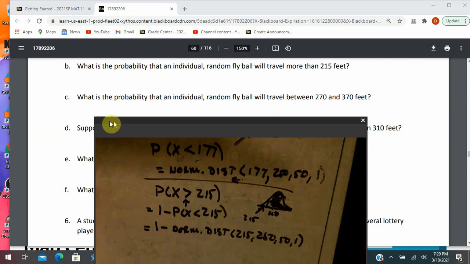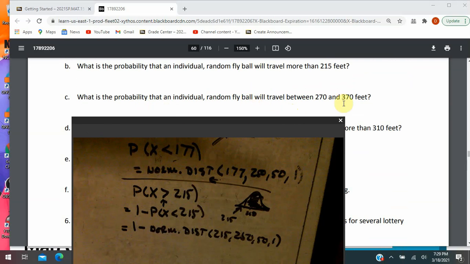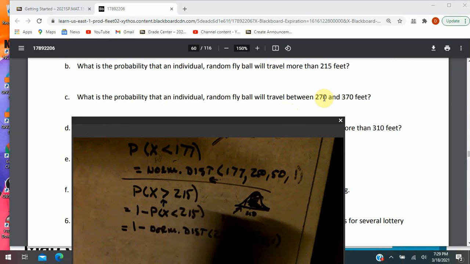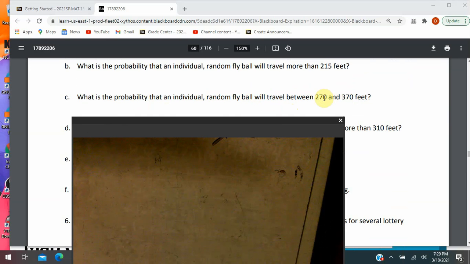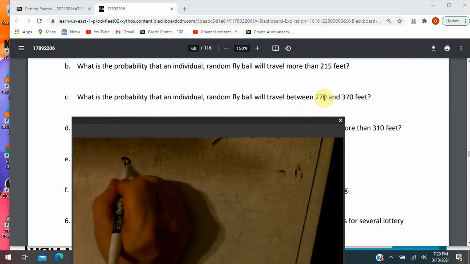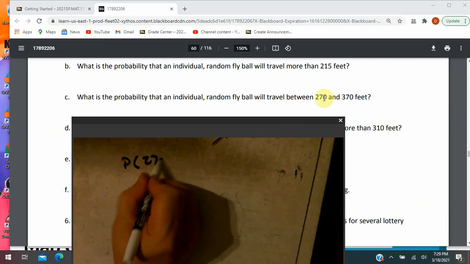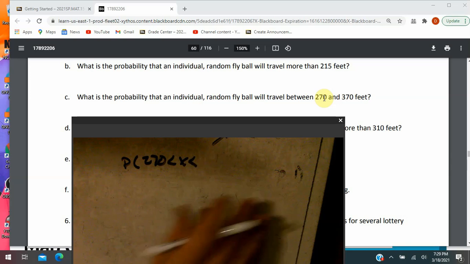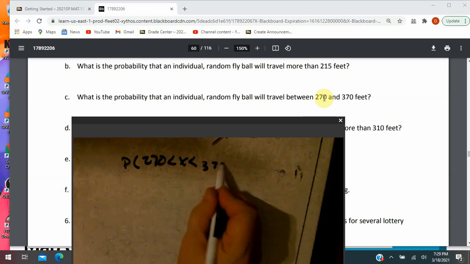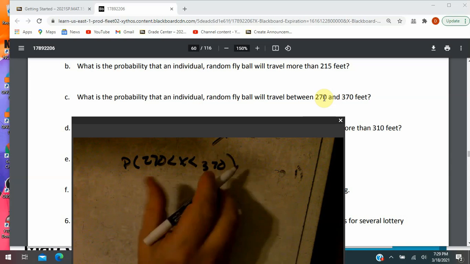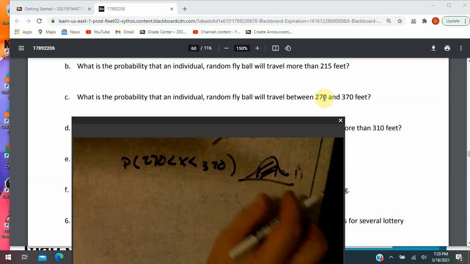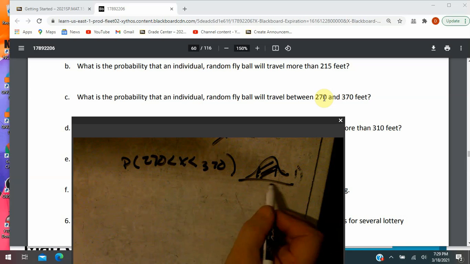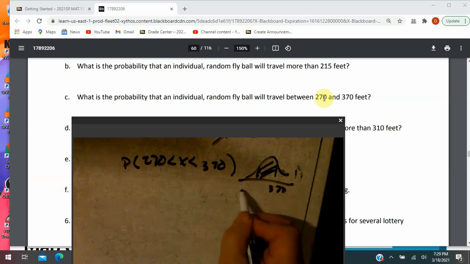What is the probability that a random fly ball will travel between 270 and 370? You would say, sandwiched between the two, this is what it would look like. That's what this is between these two numbers, the 370 and 270.